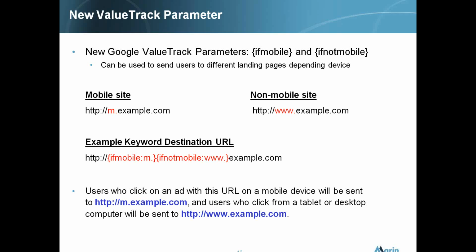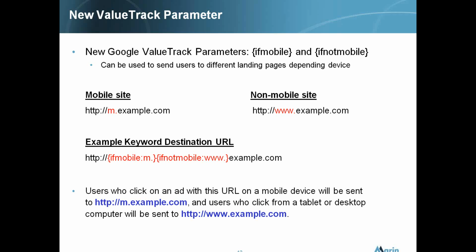So if a user clicks on an ad through a mobile device versus a user coming in from a desktop device, what this parameter will allow all of us to do is send that user to a specific landing page.